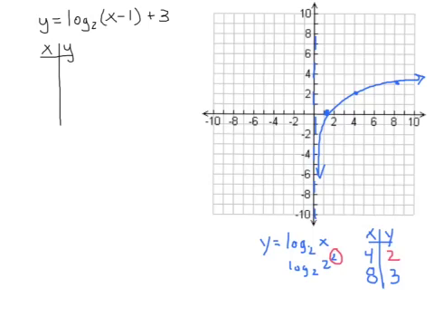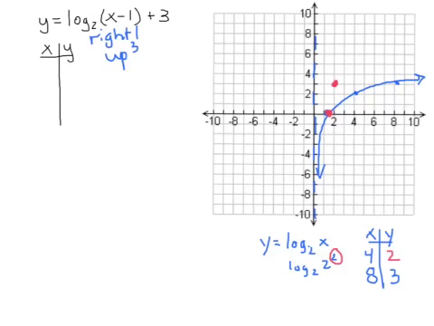In our case, we're looking at a graph that's moved right 1 and up 3. So I'm going to take this key point right here, and I'm going to move it from (1, 0). I'm going to move it right 1 and up 1, 2, 3. So it was at (1, 0). Now it's at (2, 3). There's the corresponding point.